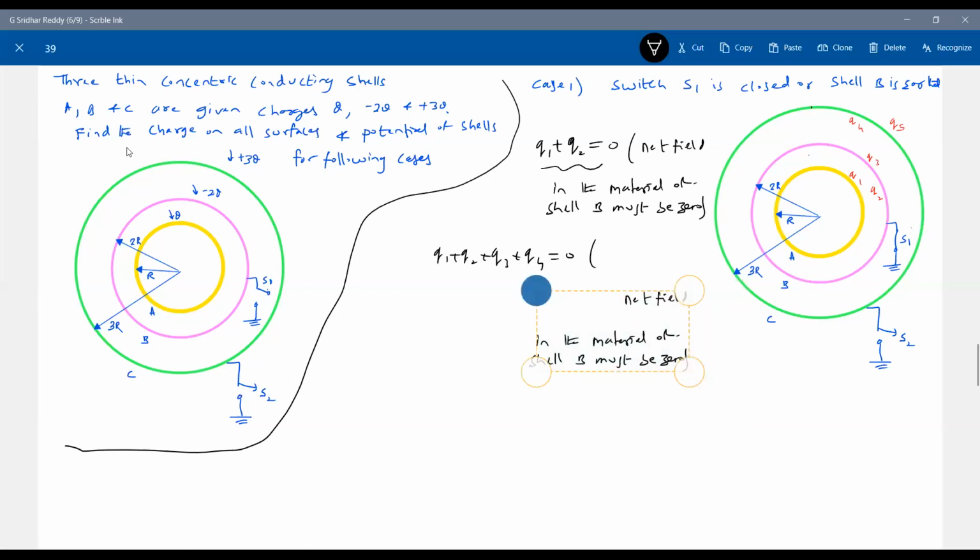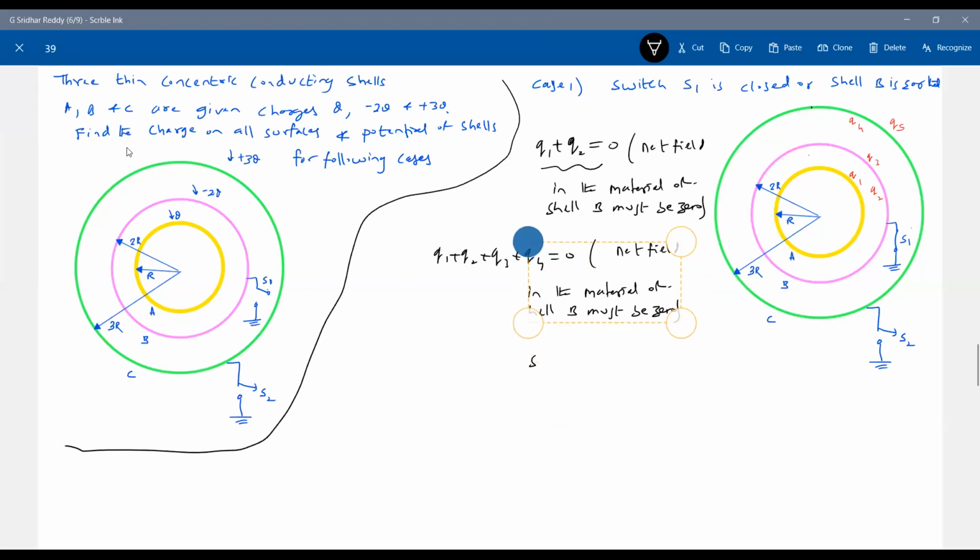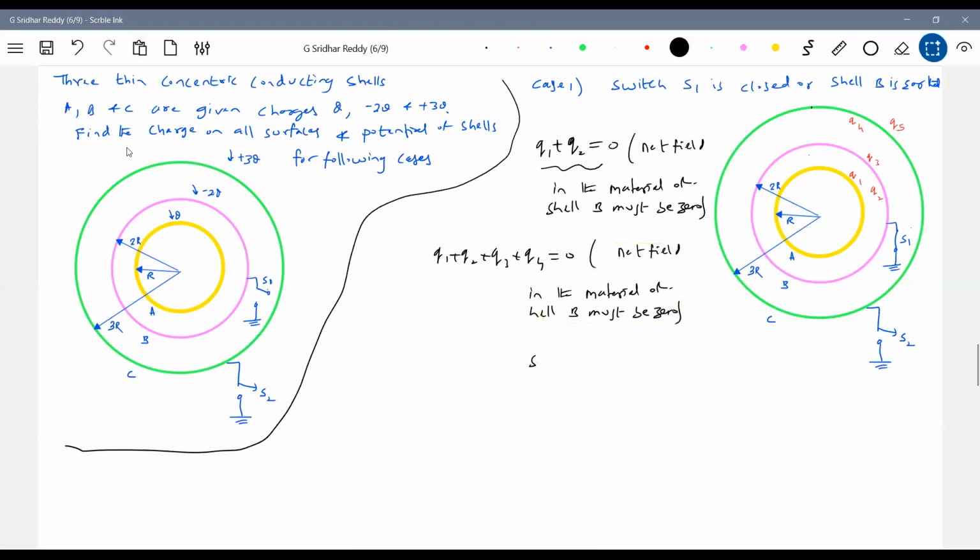The same expression applies for this also: net field in the material of shell C must be 0. Okay, already Q1 plus Q2 is 0. So therefore, Q3 plus Q4 will be 0.